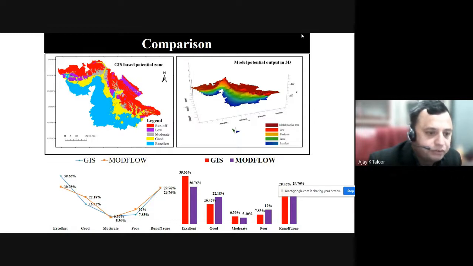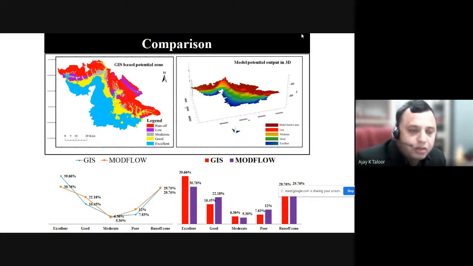If you see in the bar charts, the trends of results of the remote sensing based GIS potential zones map and the MODFLOW based output are quite similar in nature, which we can say shows that remote sensing is quite useful for groundwater prospect mapping.